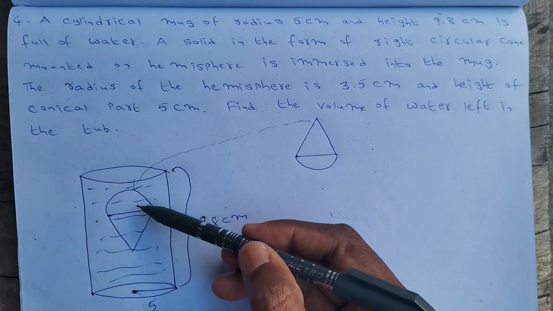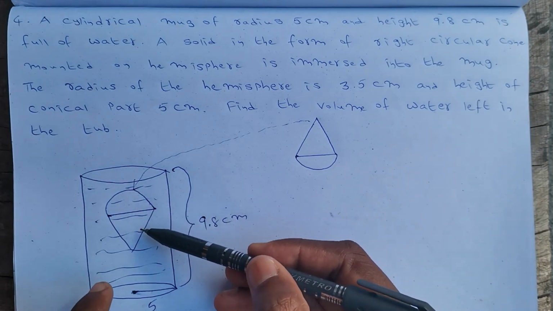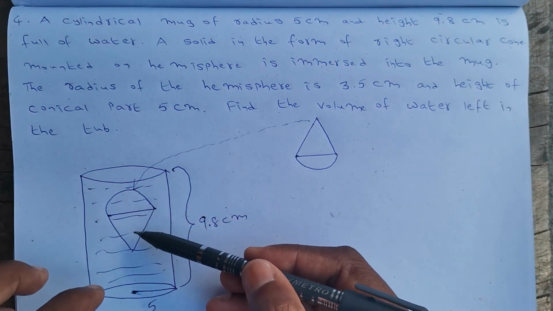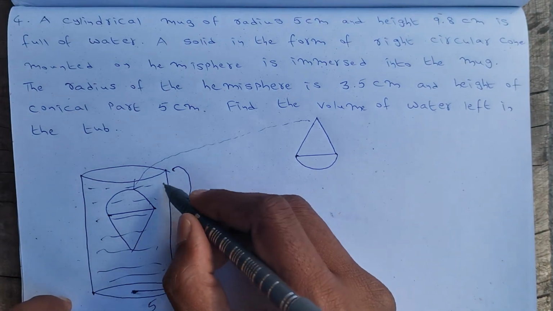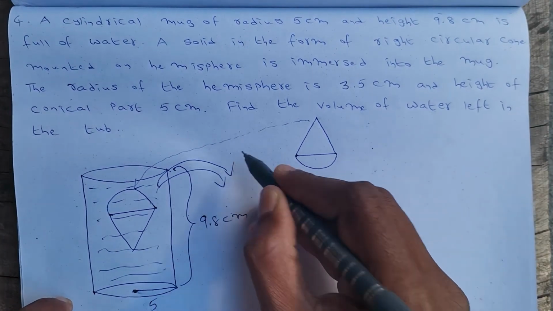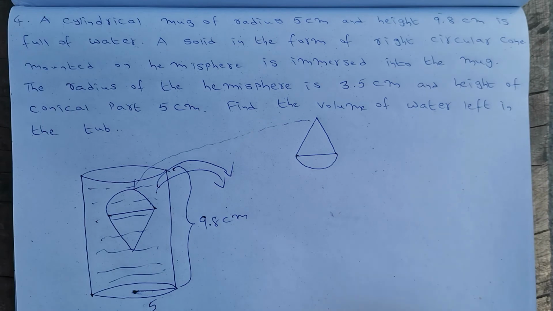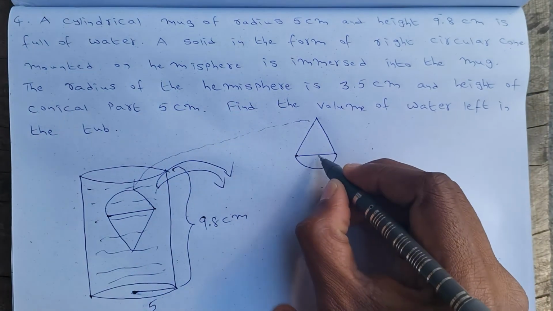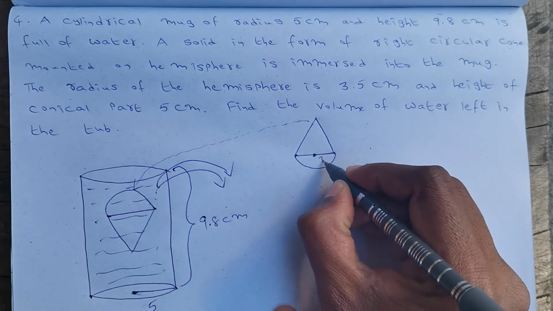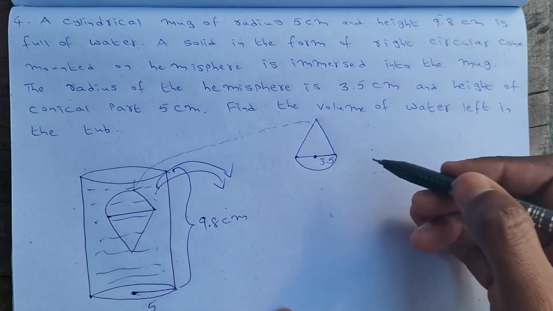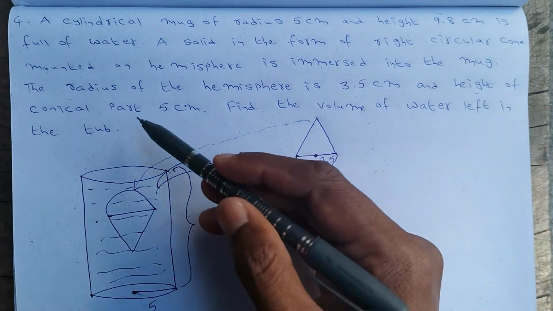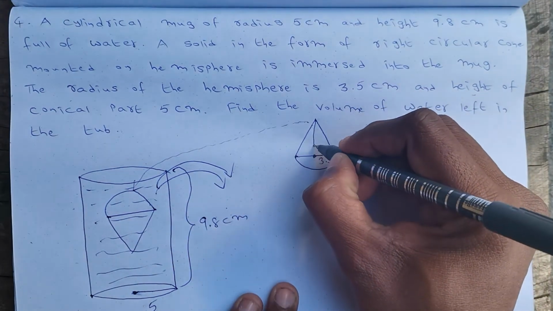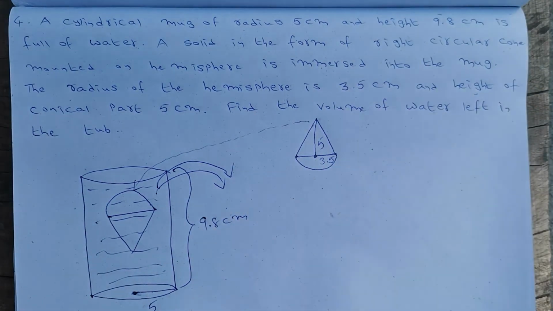So whenever we dip this hemispherical and conical shape into this water which is full, definitely some water will flow outside. The radius of the hemisphere is 3.5 centimeter. This hemisphere radius, which is exactly equal to the cone radius, is given as 3.5, and height of the conical part is 5 centimeters.